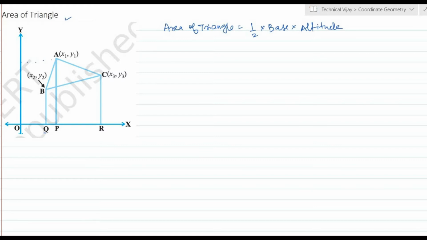We know the trapezium area. Because all these lines are parallel, the area of the trapezium can be easily calculated from the sum of the two parallel lines and the distance between them.